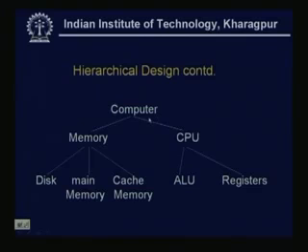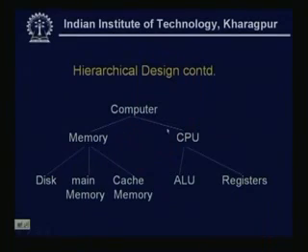Now we see this as a tree, and computer is the root. Computer is the root means I want to design a digital computer. So, this is my system. First it is partitioned into two: this is my memory and this is my CPU.